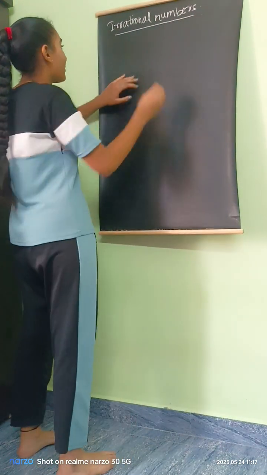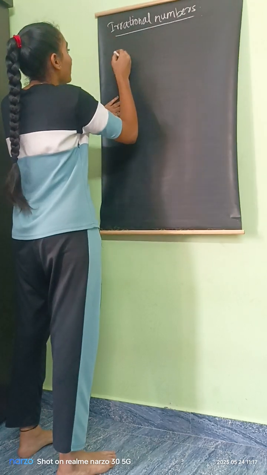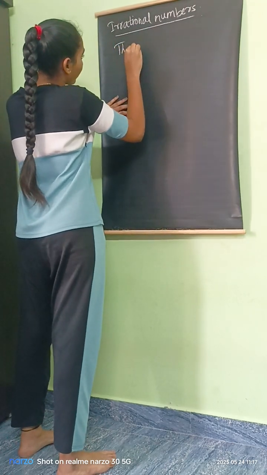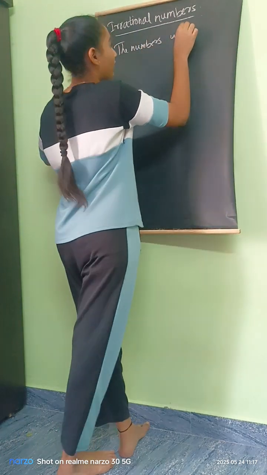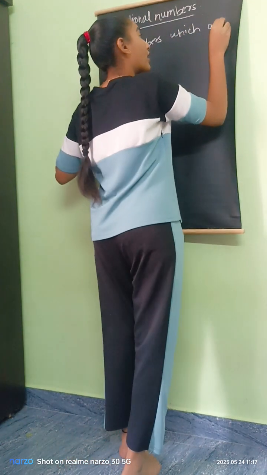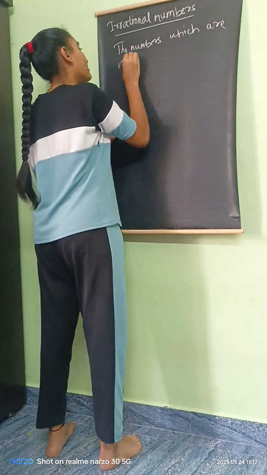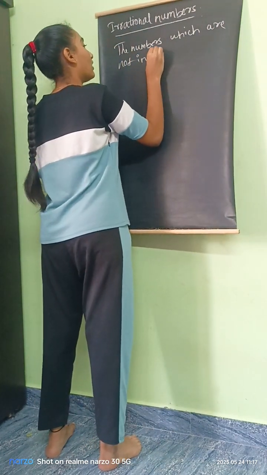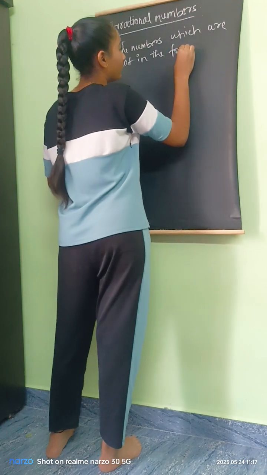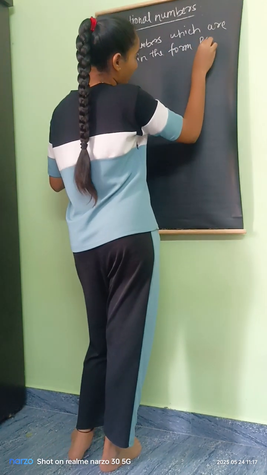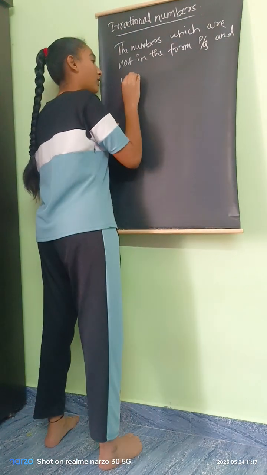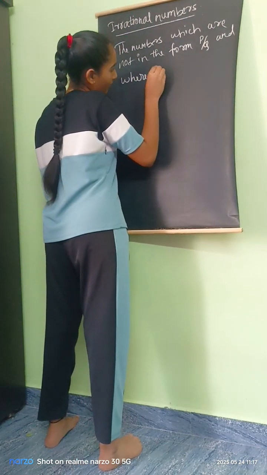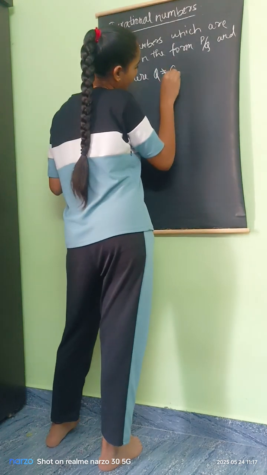Let's define it in a simple way: the numbers which are not in the form of P by Q, where Q is not equal to 0.